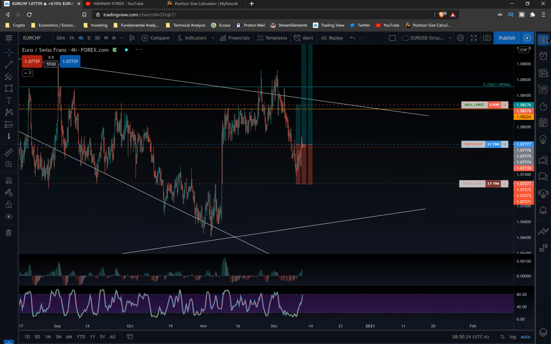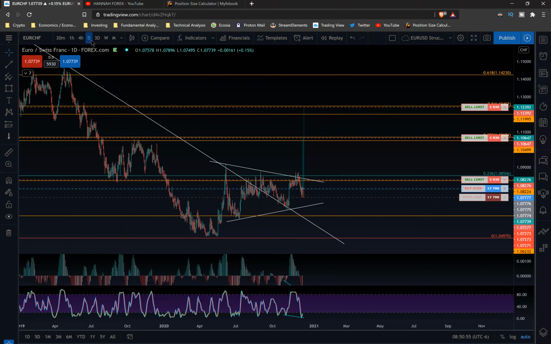Let's say one or two come to a situation where it's a high probability trade, with all these correlations in your favor. I don't want to be in two trades at once, meaning one or both trades have not hit that 50 pip signifier. The daily on the Euro Swiss franc is in my favor.